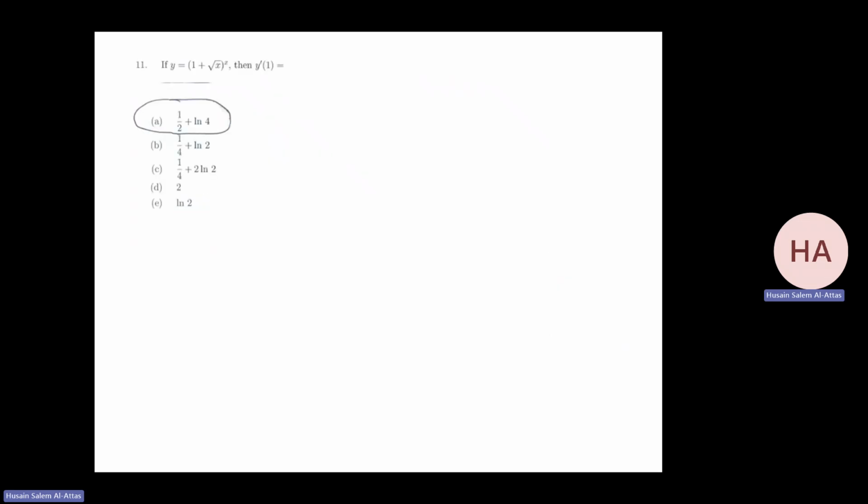1 plus square root of x to the power x. Take ln. I have ln y. Let me do it quickly. That will be x ln of 1 plus square root of x. Differentiate with respect to x. Y prime over y will be ln of 1 plus root x plus x times 1 over 1 plus root x times 1 over 2 root x.